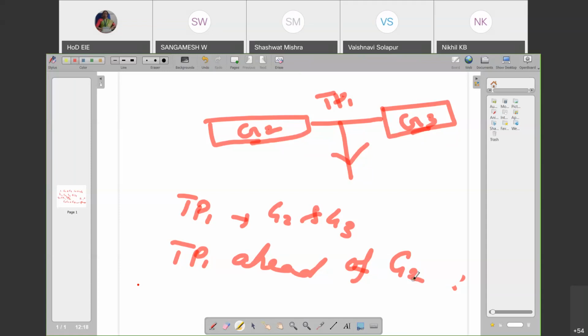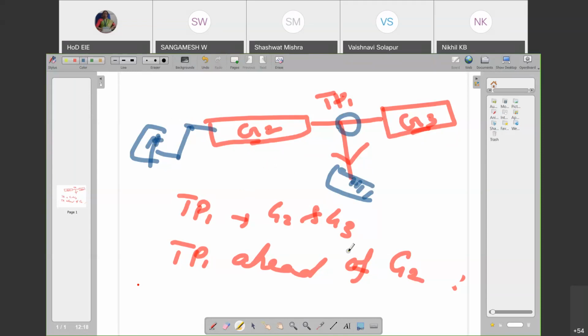So what has to be done when you move your takeoff point ahead of a block? You have to push this fellow instead of here. You have to bring that fellow here. When you are bringing it here, this fellow is having an attachment, right? So this attachment has to be taken care of by G2. Maybe you have to multiply or maybe you have to divide according to that.